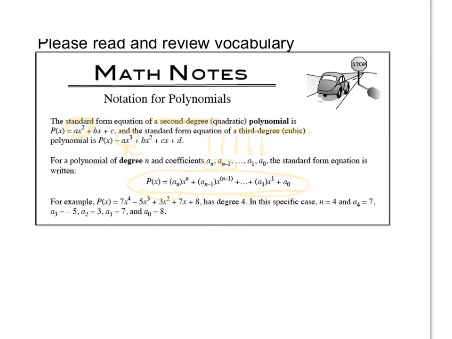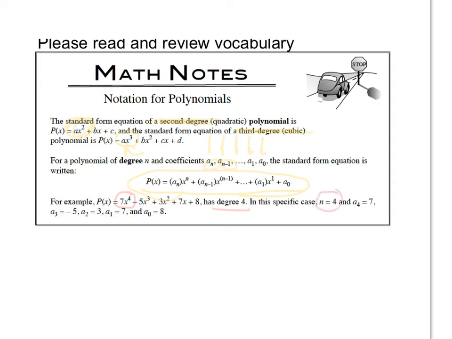So if we were to take a polynomial of degree 4, then the term with the largest exponent is going to be of degree 4. So p of x equals 7x to the 4th minus 5x cubed plus 3x squared plus 7x plus 8.